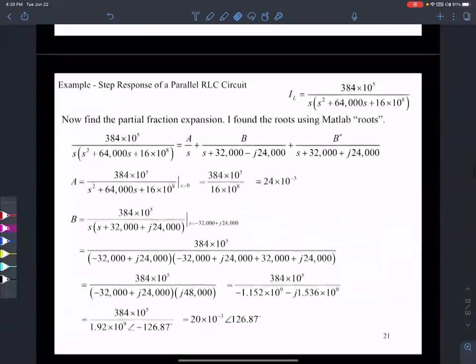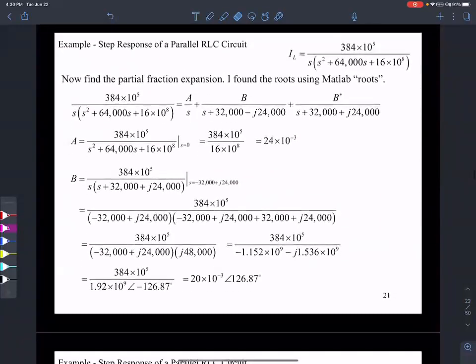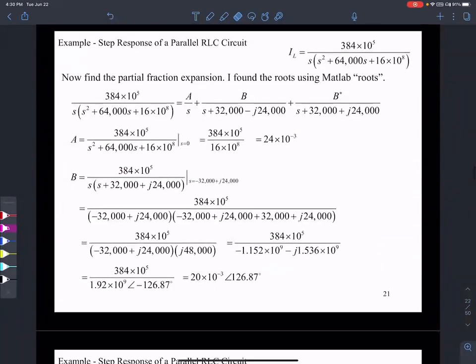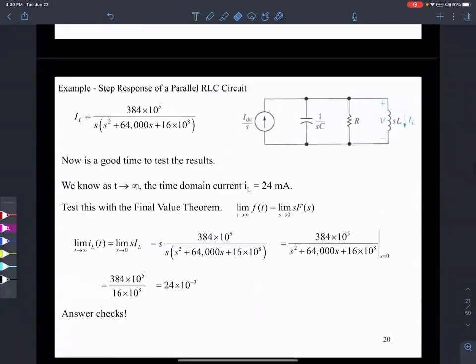Let's see what else. The partial fraction expansion. Sometimes you may have to do the partial fraction expansion when you want to convert. So when you do this analysis in the S domain, you get your answer in the S domain, IL.